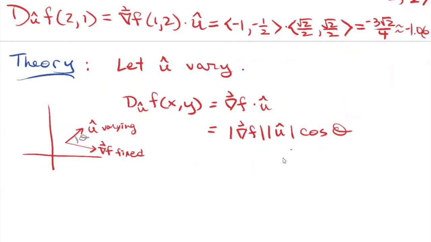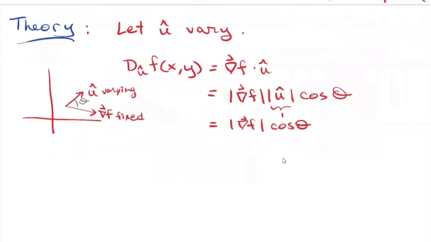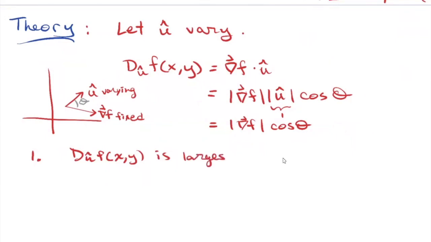Okay. Magnitude of u, as you know, is 1. It's a unit vector. So this is just the magnitude of the gradient of f times the cosine of the angle that separates them. Okay, so the directional derivative D_u f at (x, y) is largest when?